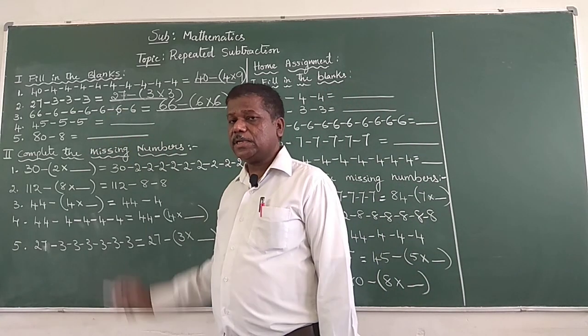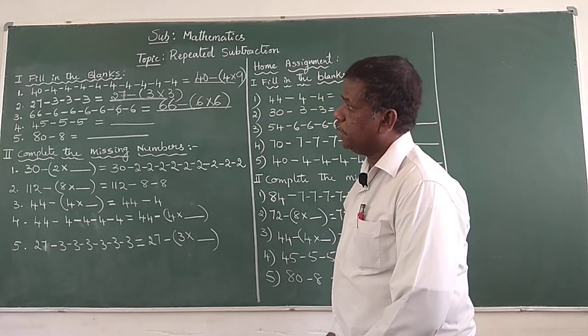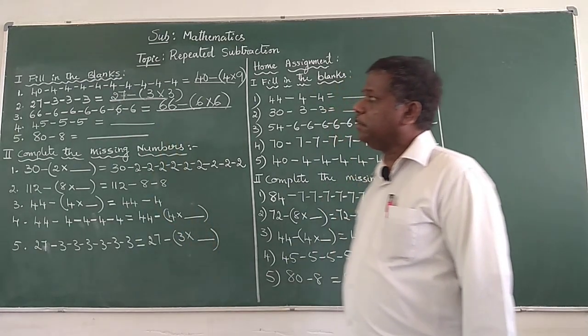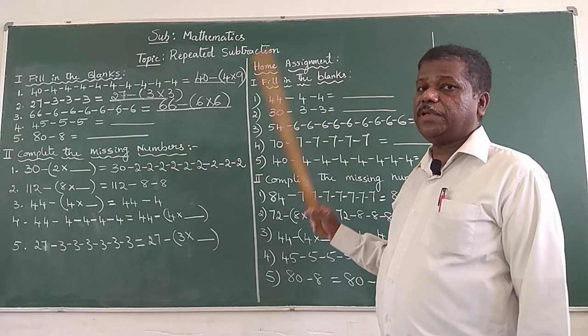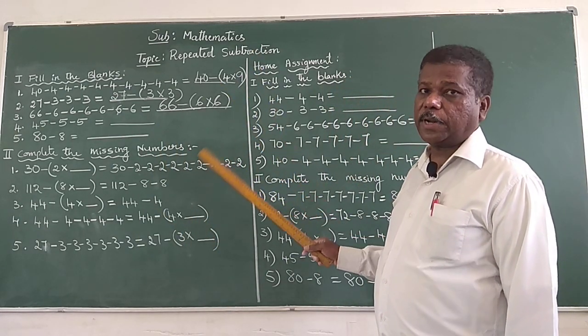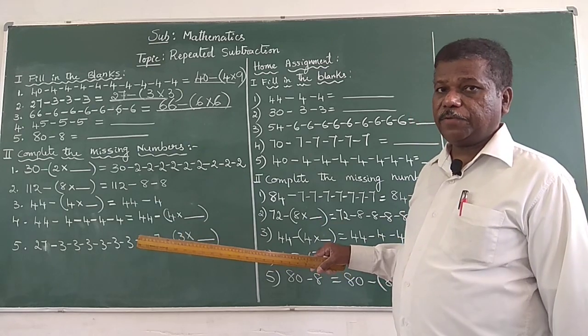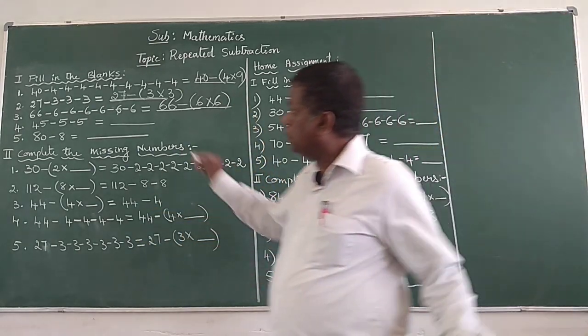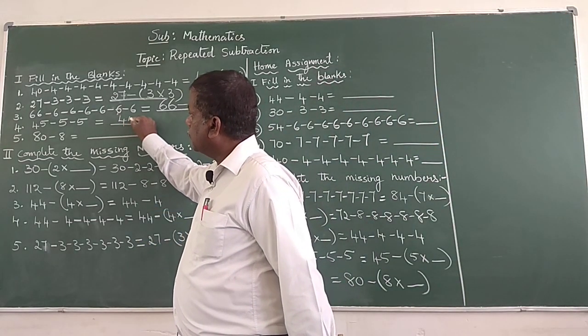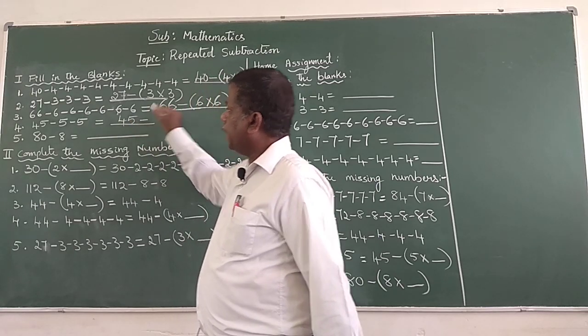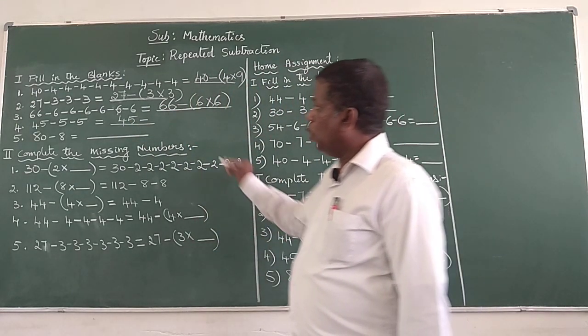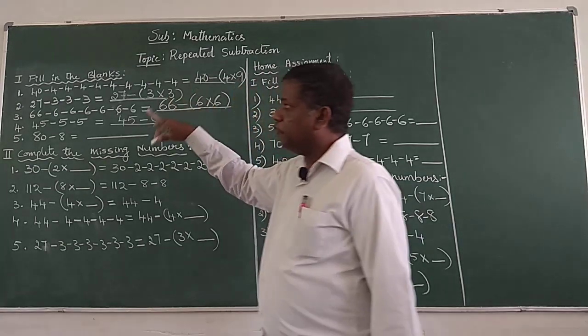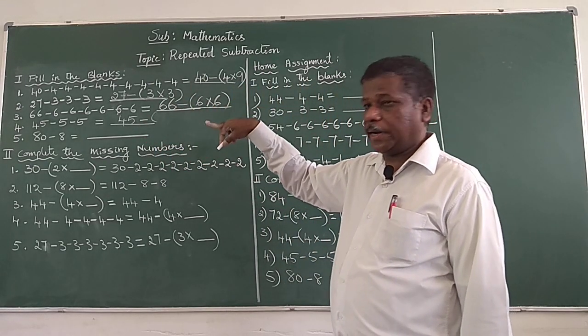So 45 is the number. This 45 is the number from which 5 is repeatedly subtracted. So what do you write first? Correct? 45 is written, then subtraction sign, open bracket, 5 is subtracted, right?